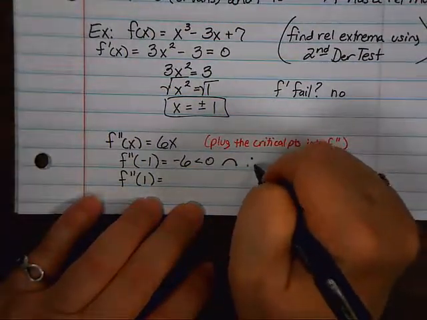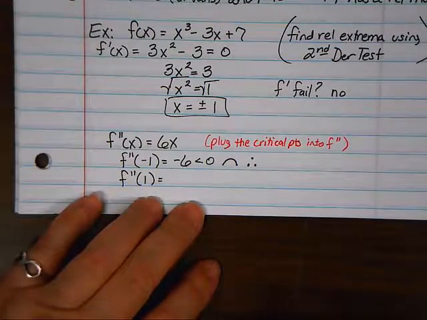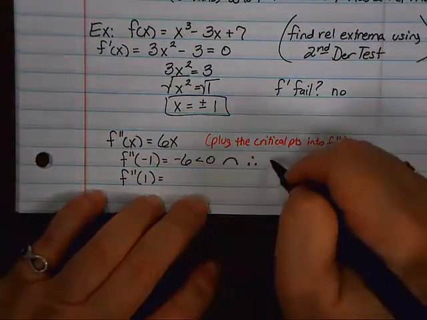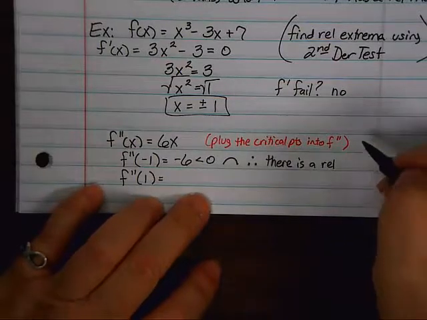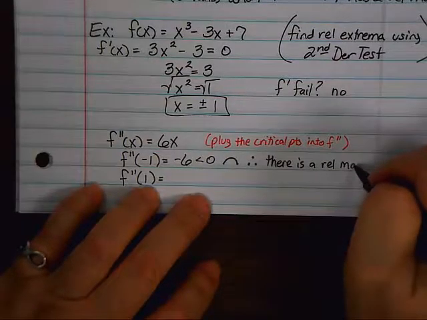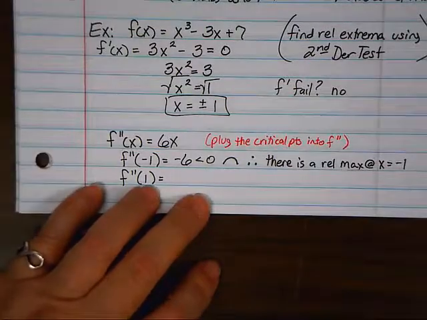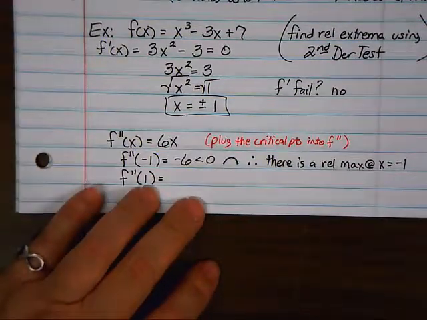Now, new symbology for this year. 3 dots in a triangle. What does that mean? Therefore. Some of you have seen it before, some of you may not have. So therefore, there is a relative max at x equals -1. That is your quote-unquote sentence that you need to write. That's all you need to put. You don't have to write the since f prime changes from positive to negative, blah, blah, blah. It's a shorter version.